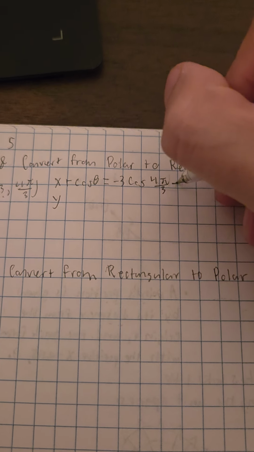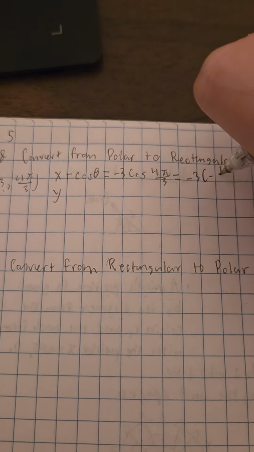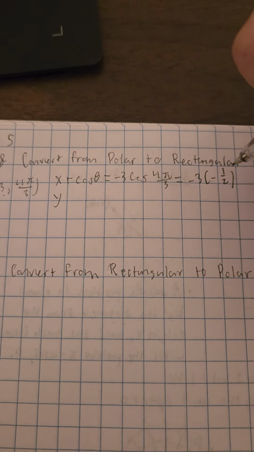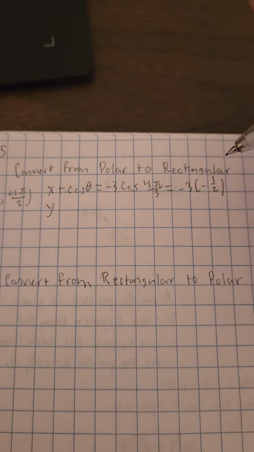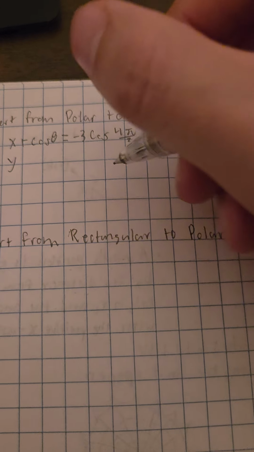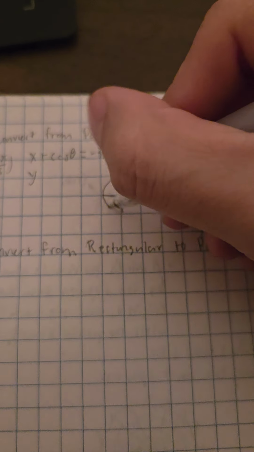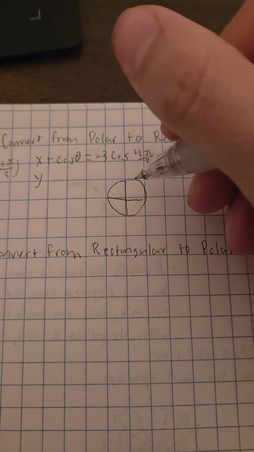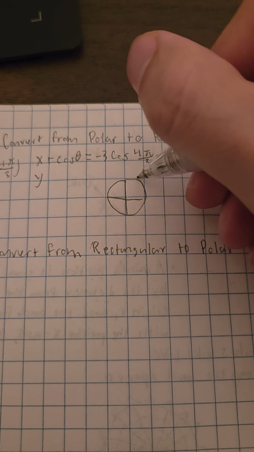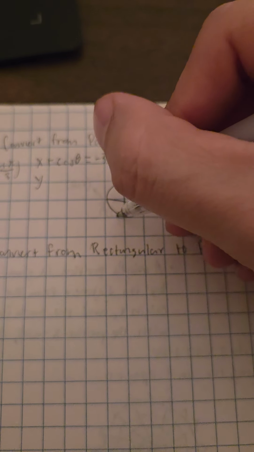Well, we can set this equal to negative 3, negative 1 over 2, because that is the cosine of 4 pi over 3. We can find this just by doing a quick little unit circle, right? 4 pi over 3, well, this is 1, 2, 3, 4 pi over 3.